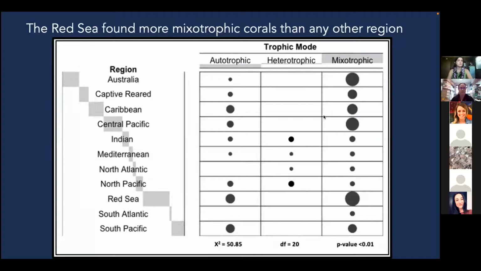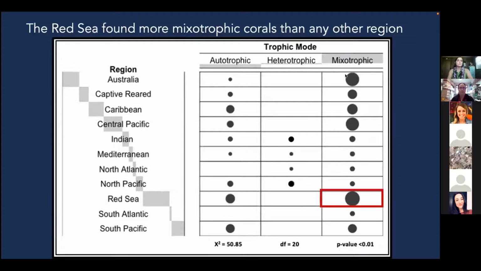Again, relating this to the geographic region to trophic mode, so region on the Y, trophic mode on the X. This is another chi-square analysis in balloon plot form, looking at the intersections of the two variables, and I really want to highlight how the Red Sea found the most mixotrophic corals of the regions, but we can also see that's followed by the Central Pacific and Australia.